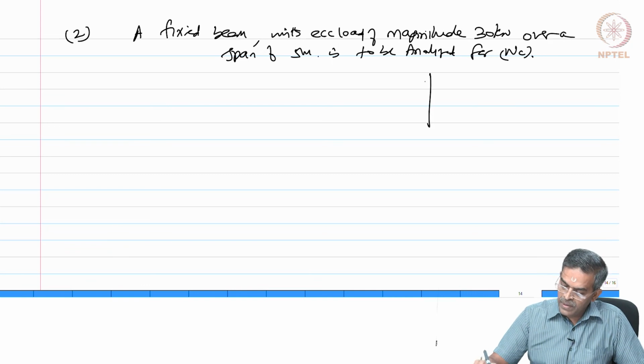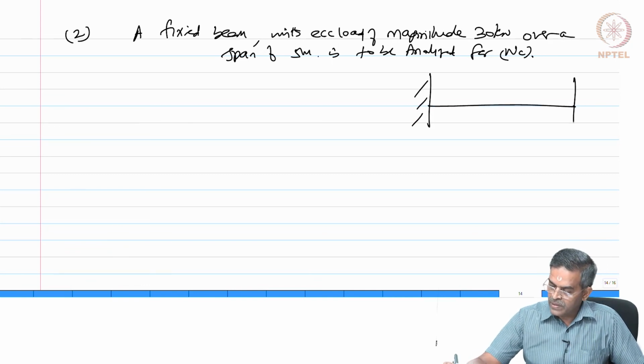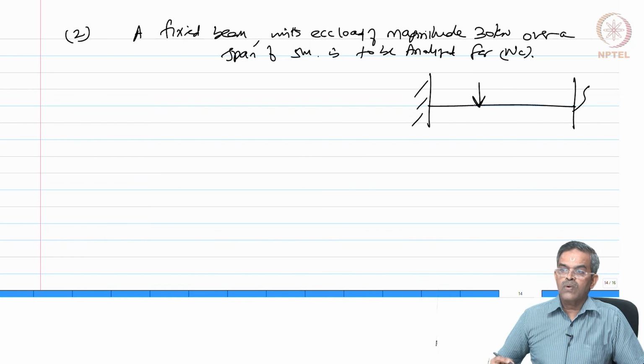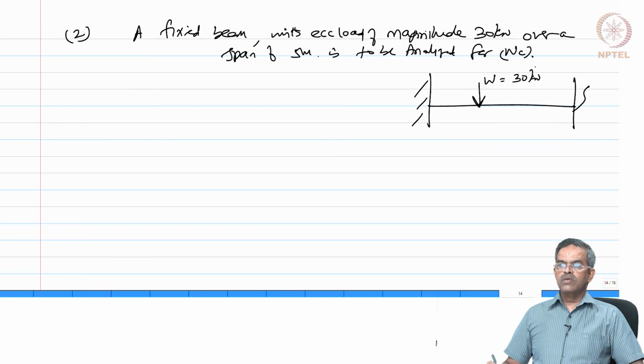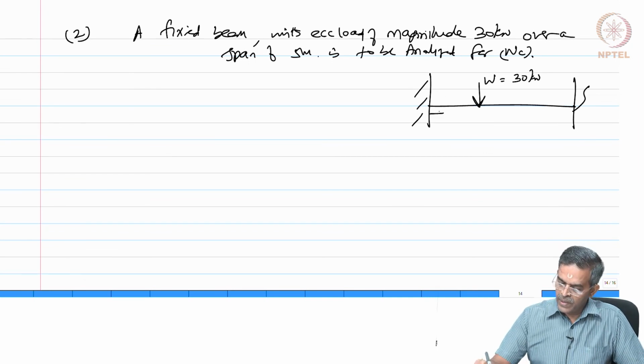So, the beam is here, fixed beam, there is a load which is W, which is 30 kilonewton, and the load is 2 meter from the left end and this is 5 meters.